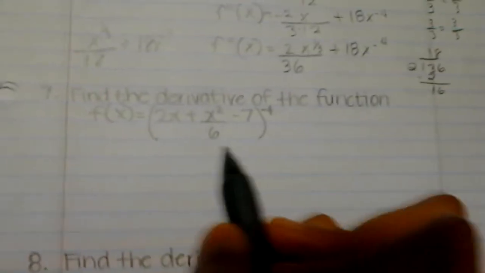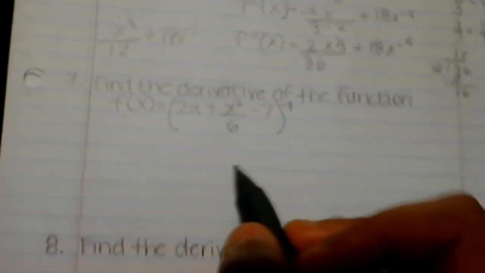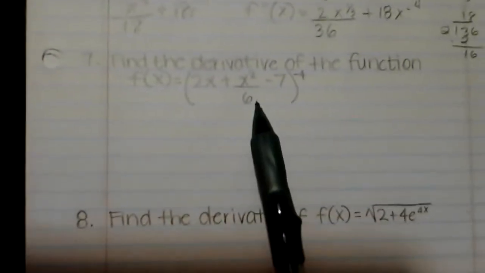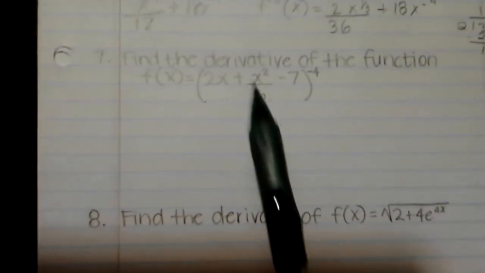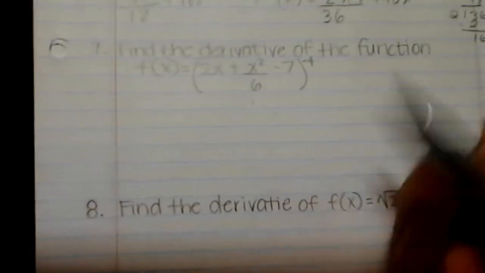Okay, number 7. Find the derivative of the function f of x equals 2x plus x squared over 6 minus 7 to the -4th power. This is the chain rule, so what I'm going to do is write this problem out first, and then I'm going to multiply the inside function.